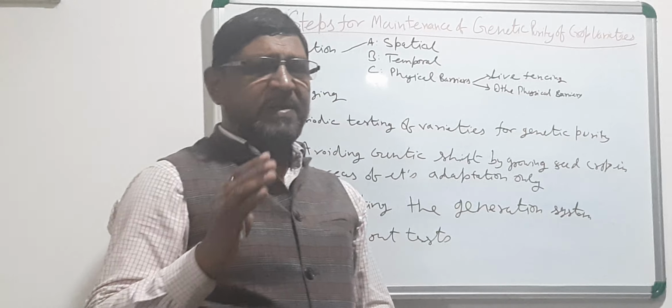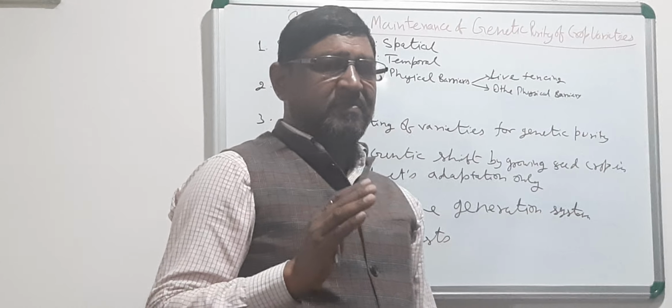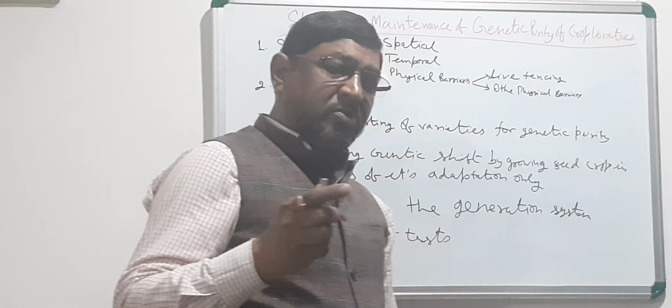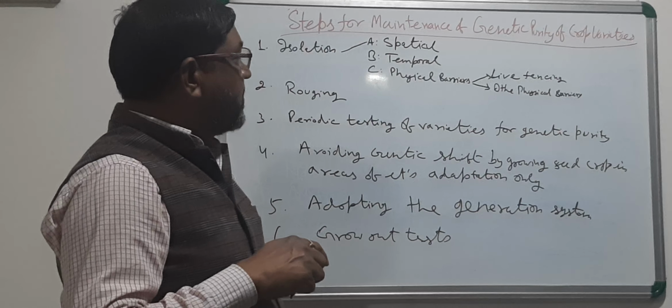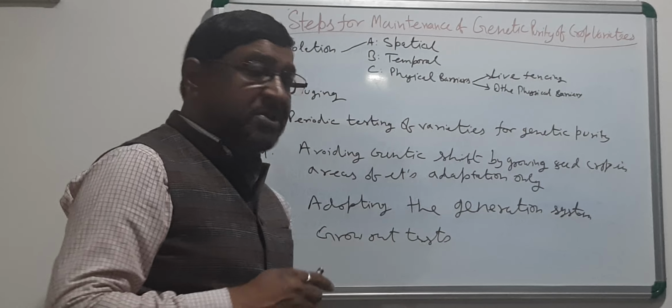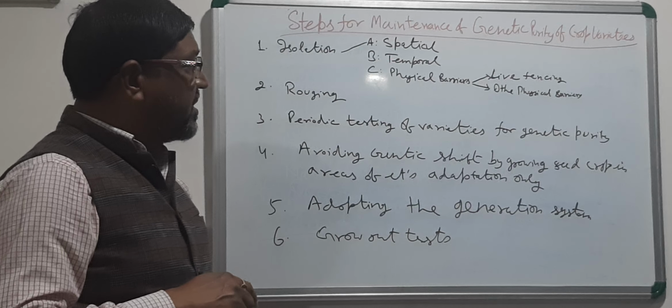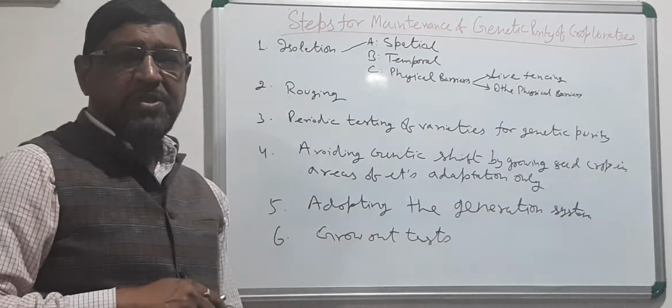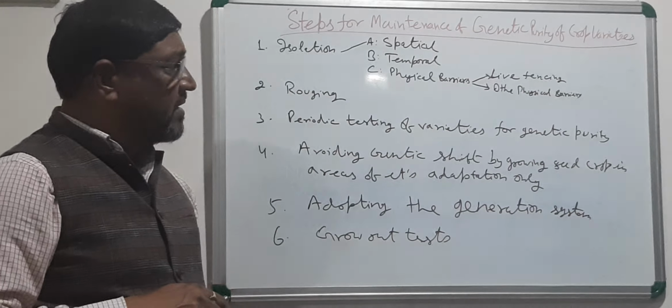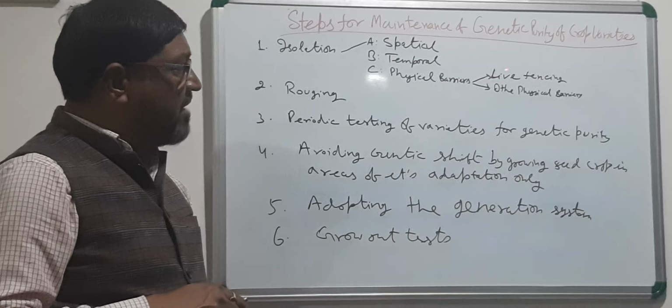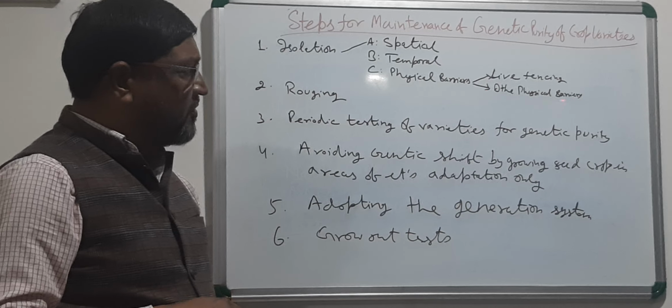So what are the types of isolation? The spatial isolation, temporal isolation, and physical isolation or physical barriers. In physical barriers, there are live fencing and other physical barriers.